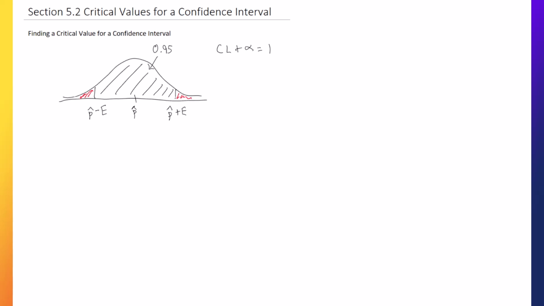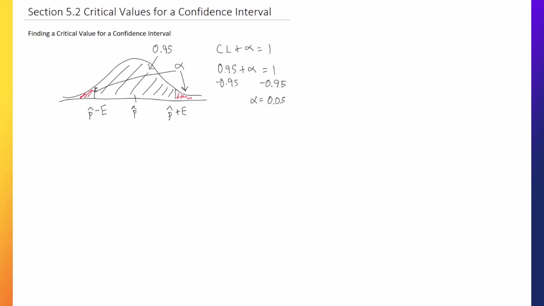Now we're interested in figuring out what that area is. So if we say we have a 95% confidence, I'll say 0.95 plus my alpha, that error in the tails, is equal to 1. And so we'll subtract and get an alpha equal to 0.05. Now that's the error in both tails. So the whole combined alpha is right here and here.